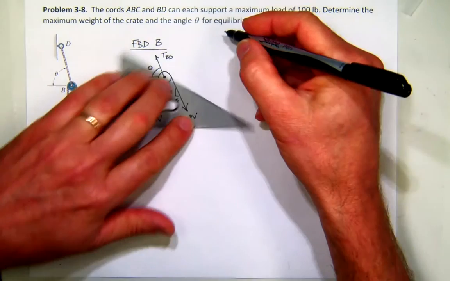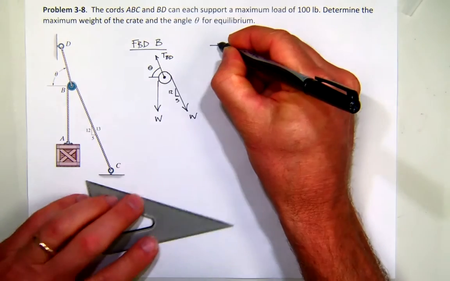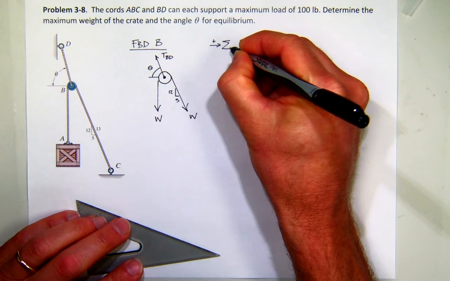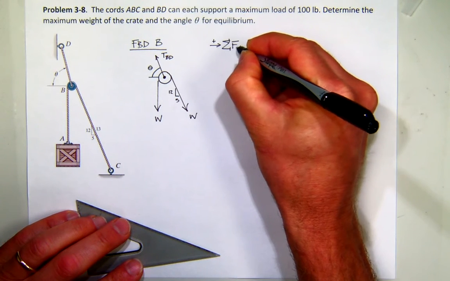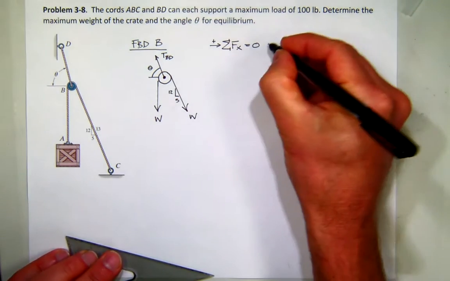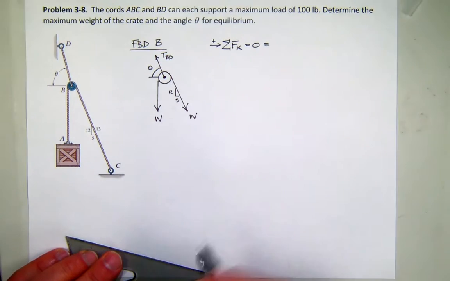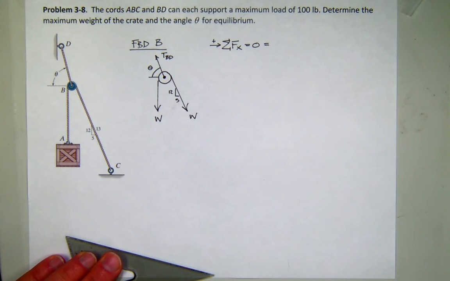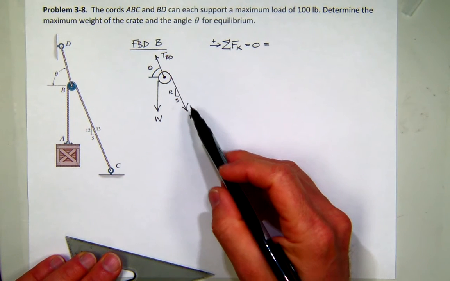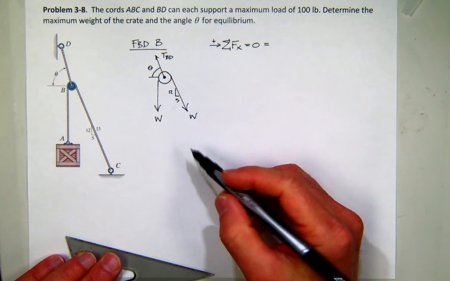Okay, so let's start by assuming to the right is positive. Let's sum forces in the x direction and make sure they're in equilibrium, equal to 0. So what are our x components in this system? Starting with the weight, what's the x component of that?